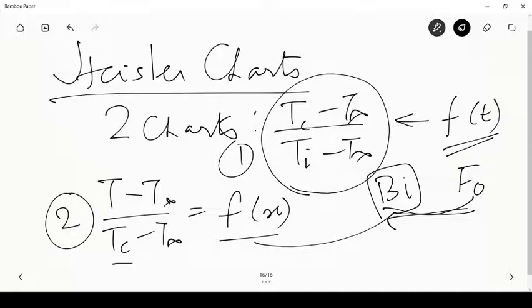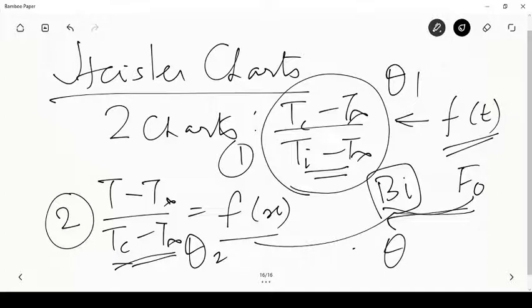So these two charts put together, I get this from the first chart and this from the second chart, and multiply these two to get T minus T infinity. The Tc minus T infinity should get cancelled. Let us say this is theta 1 and this is theta 2. So theta will be equal to theta 1 into theta 2. You get the value of theta 1 from one chart and theta 2 from the other chart, and multiply, and you get the value of theta, which is (T minus T infinity) by (Ti minus T infinity), from which you can calculate the value of T.